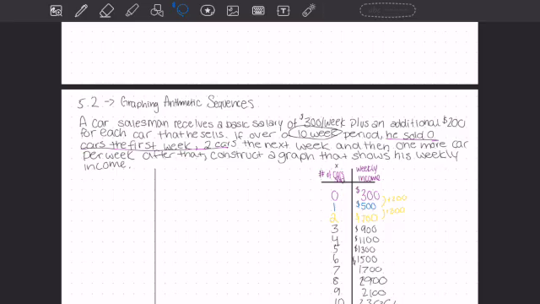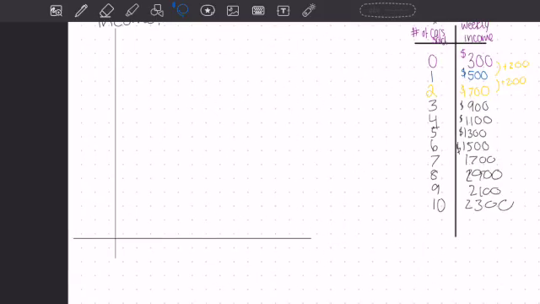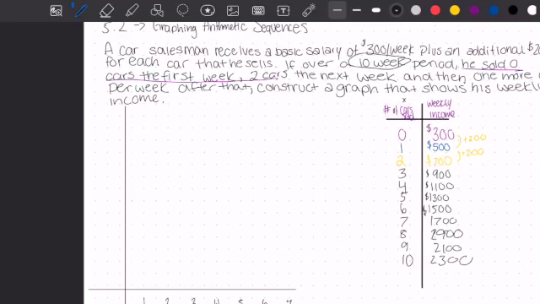So I'm going to readjust these here so that we can graph properly. I'm going to do this as my X here, which is number of cars sold. So 1, 2, 3, 4, 5, 6, 7. And then up this side, I'm going to go up by about 200 each dot.